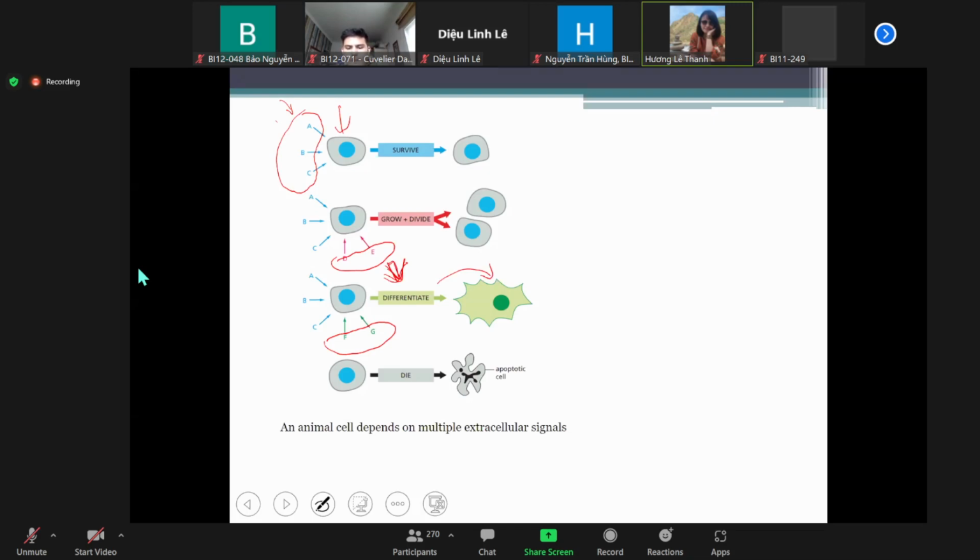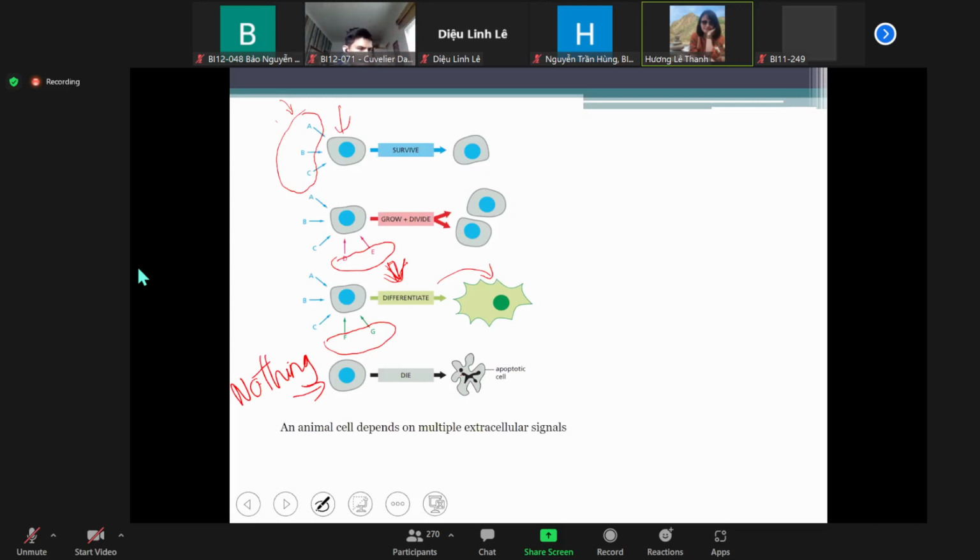But if a cell receives nothing, so they don't receive any order from the center, from your brain, or from anywhere, they will kill themselves by apoptosis. It's not like humans.